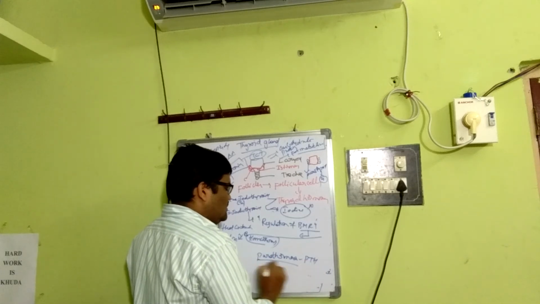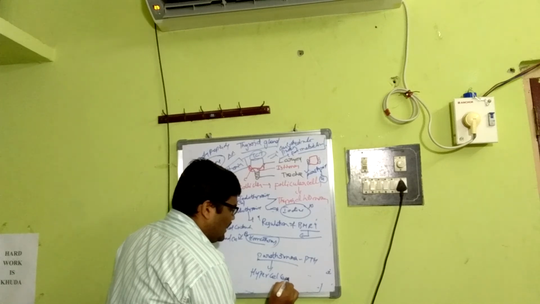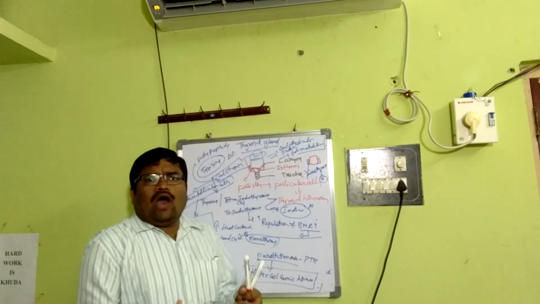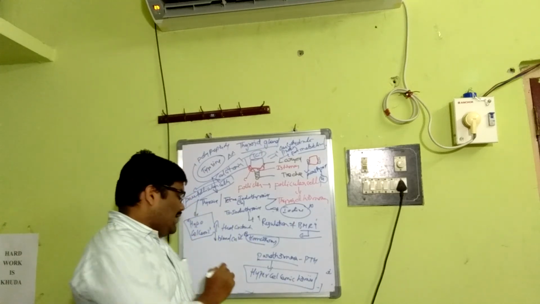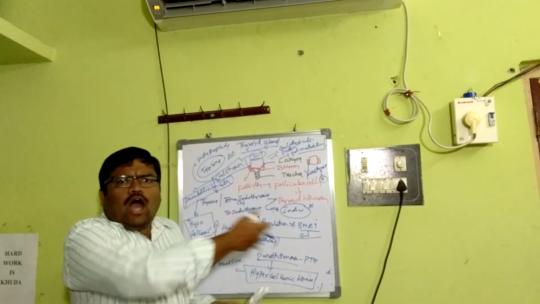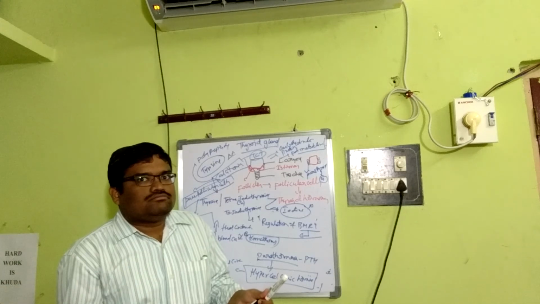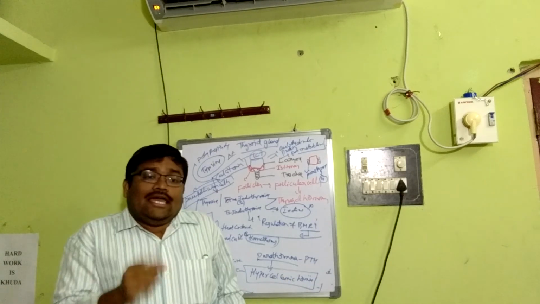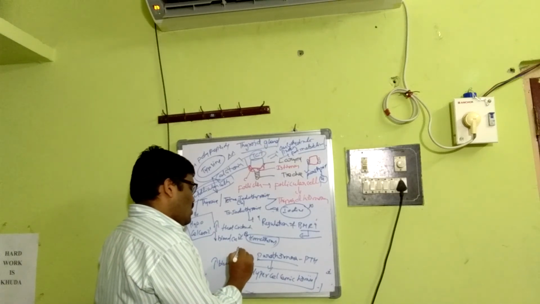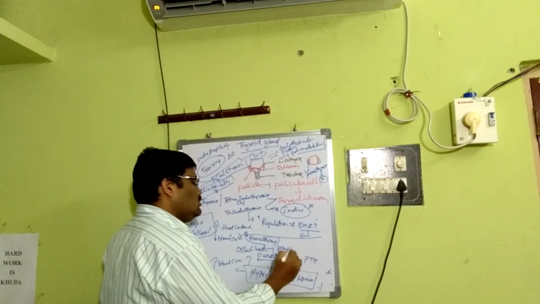PTH is considered a hypercalcemic hormone. How does it increase the blood calcium level? Simply the opposite of calcitonin. It facilitates bone resorption, that means breakdown of bone. It promotes the osteoclast, which leads to bone resorption.